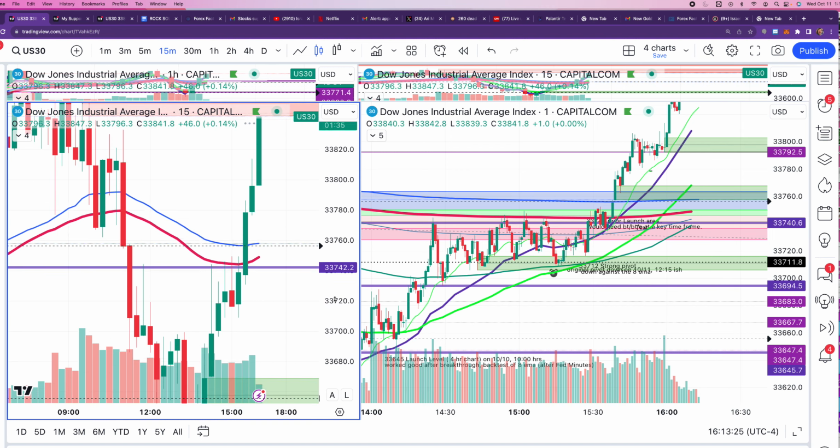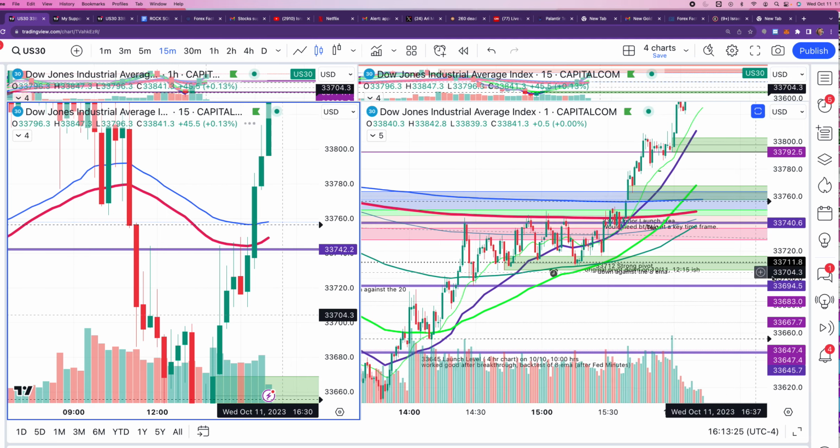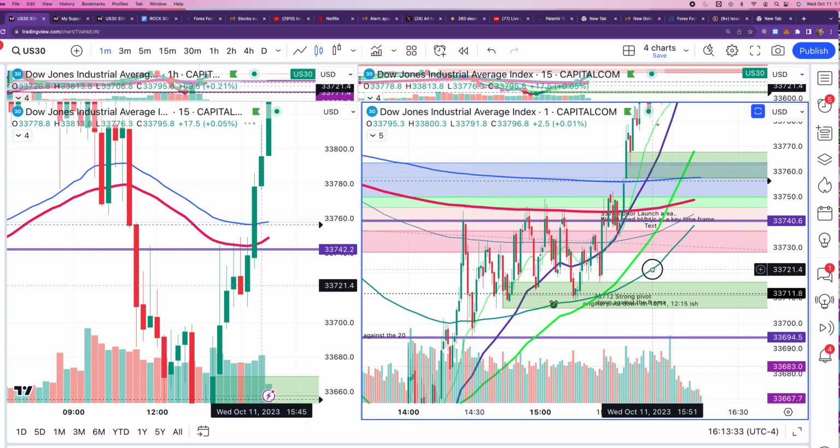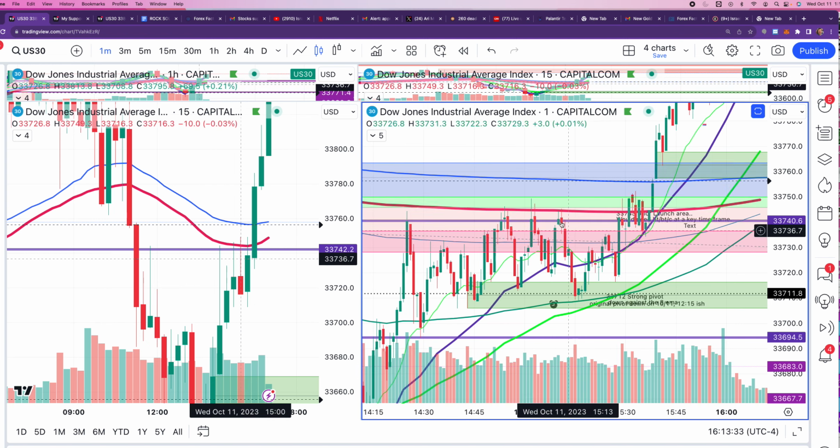Okay, so what happened? Price came up and was wicking against it and the 200 quite a bit. It finally broke through at about 1530 roughly. Up until this point, we'd only been able to wick above the 200, and finally it broke through.